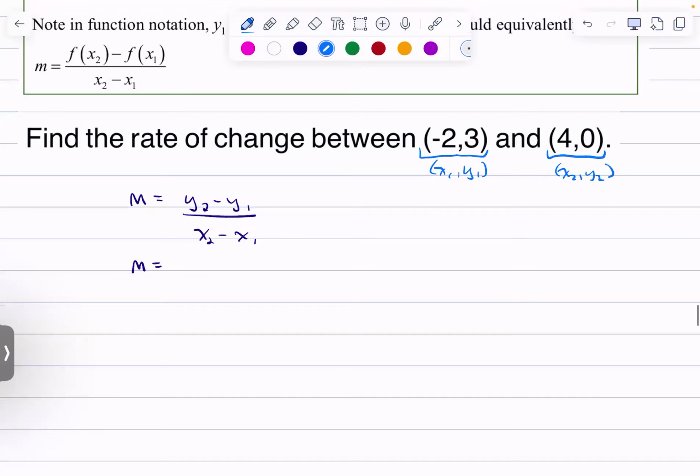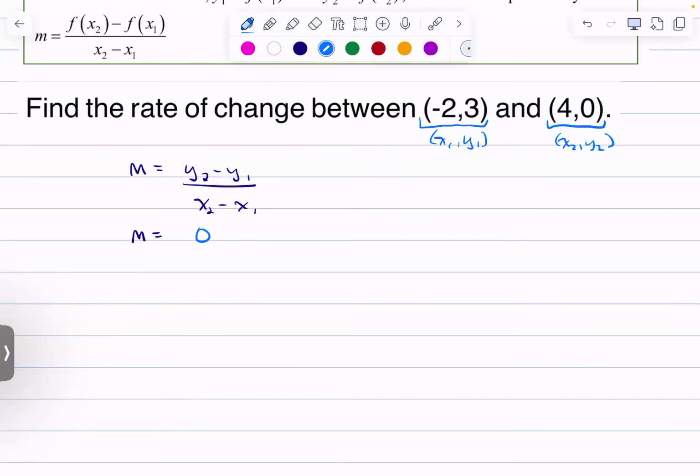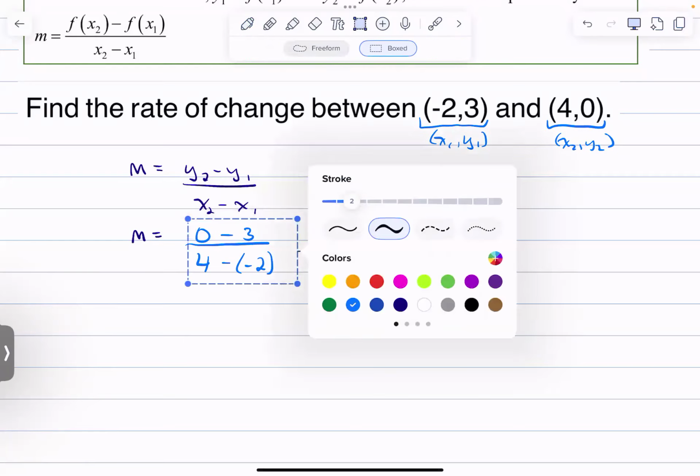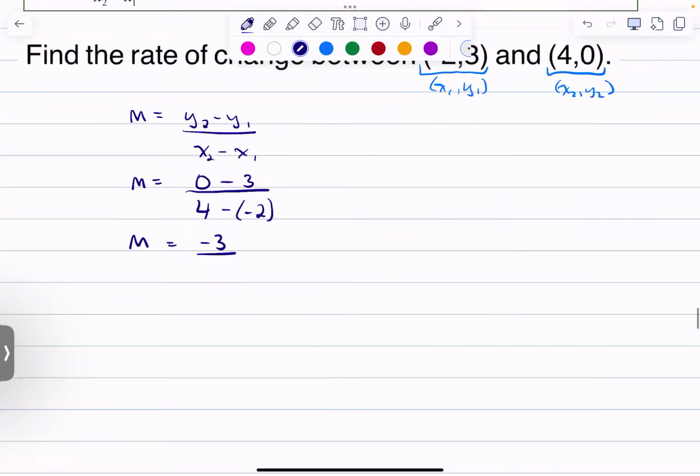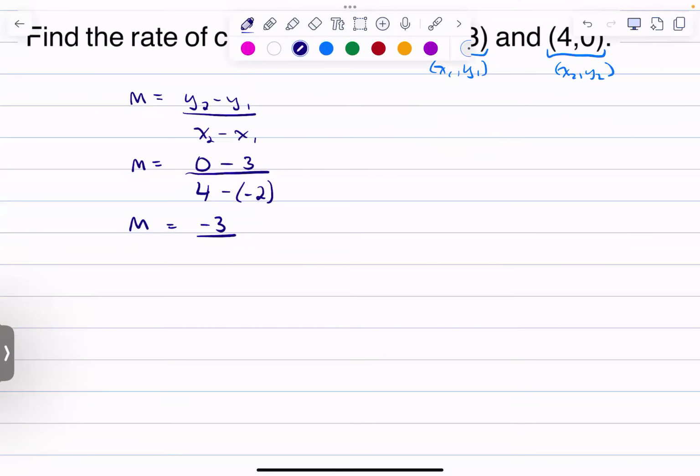So then I get 0 minus 3 divided by 4 minus -2. Oh, I changed colors all of a sudden. Let me change it back. There. I get -3 over 4 minus -2. 4 minus -2 is 4 plus 2, putting me at 6. I'm fine with not simplifying this.